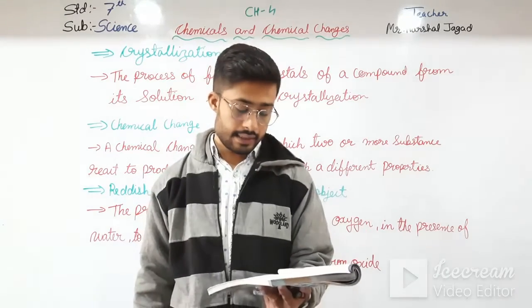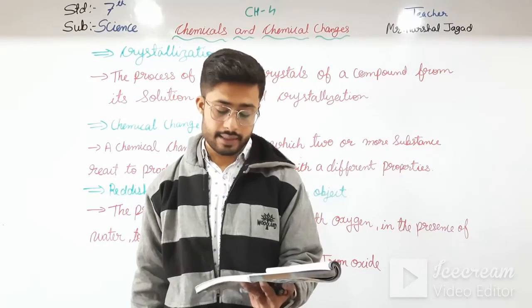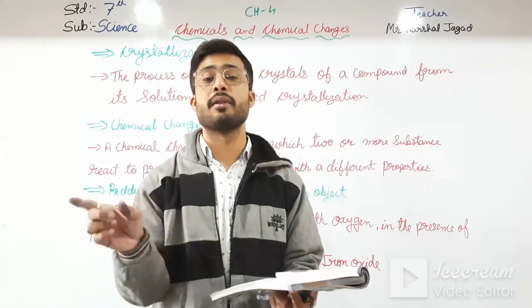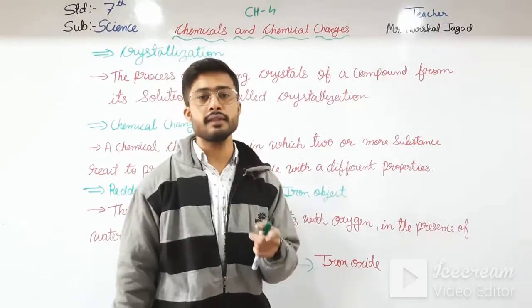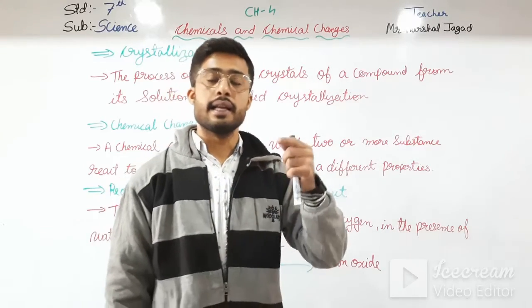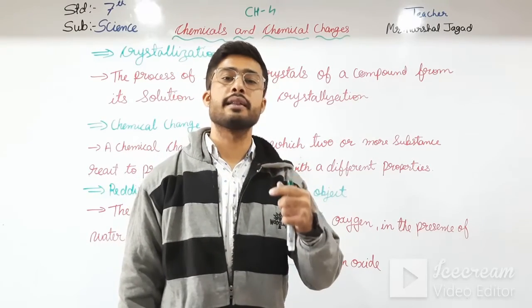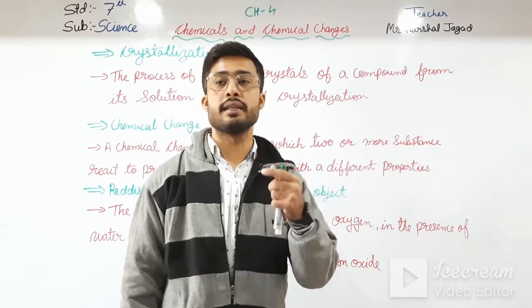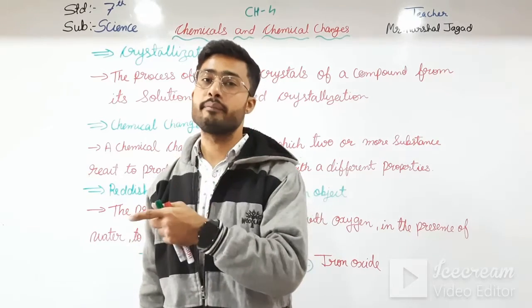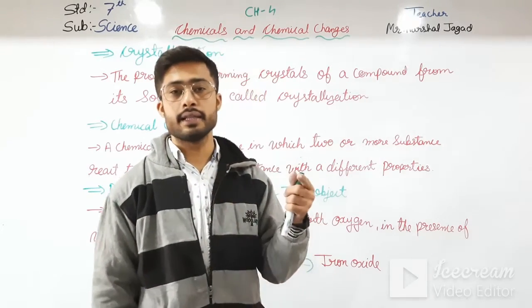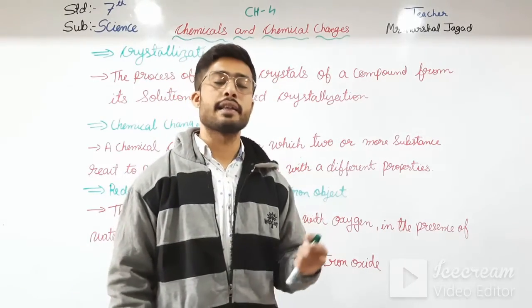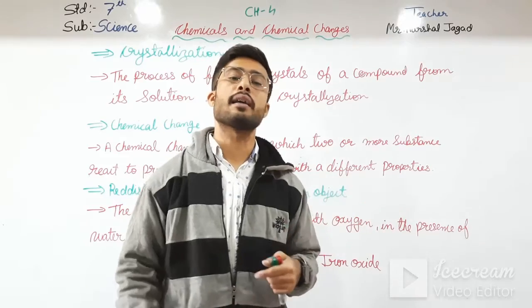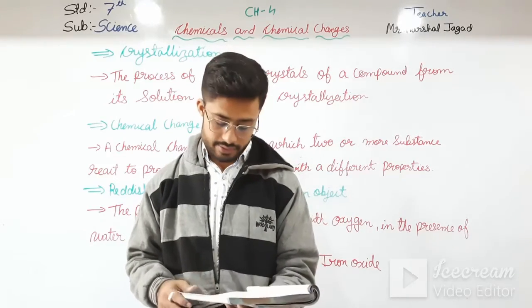Observation: the iron nail in test tube A will form rust, while the nails in test tubes B and C will not form rust. In B we haven't given the oxygen, and in C we haven't given the water, and in test tube A water and oxygen both are there, so it will rust.